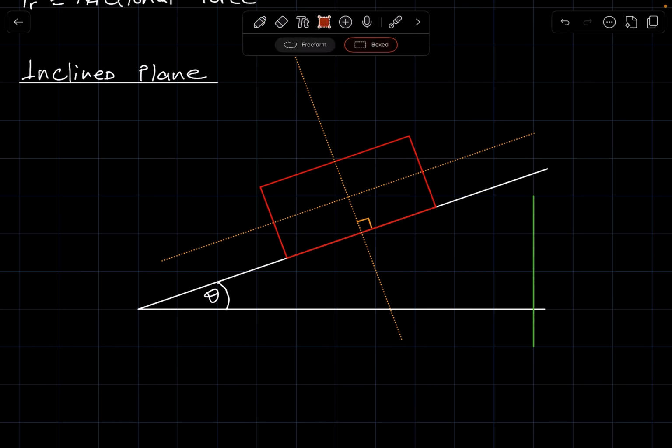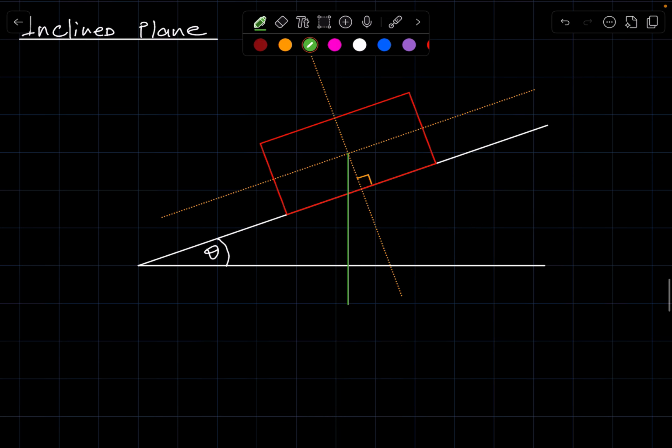So we have, remember I said the weight of the object is always acting perpendicular to the ground.